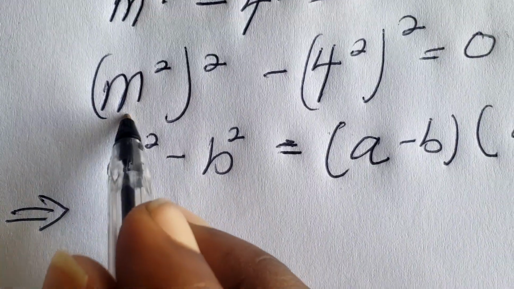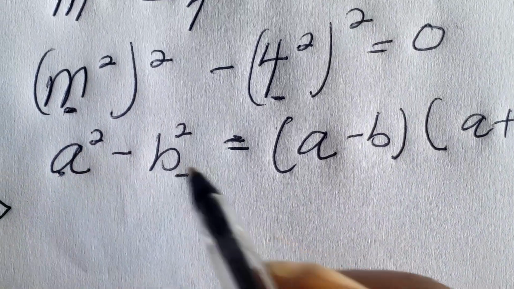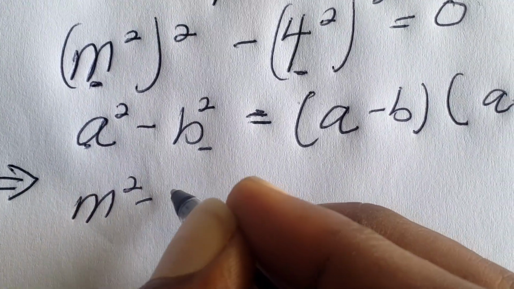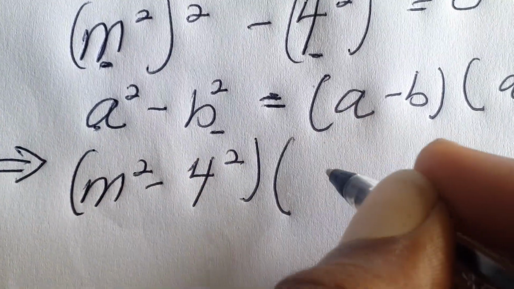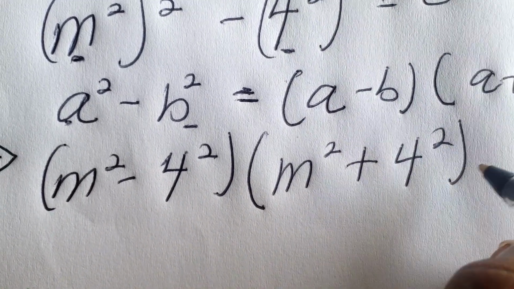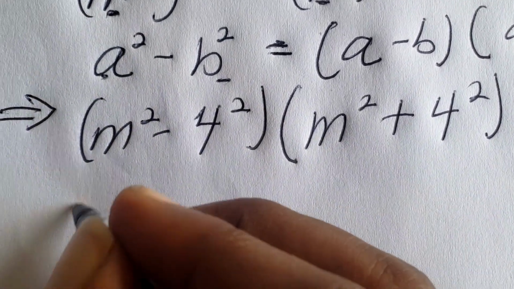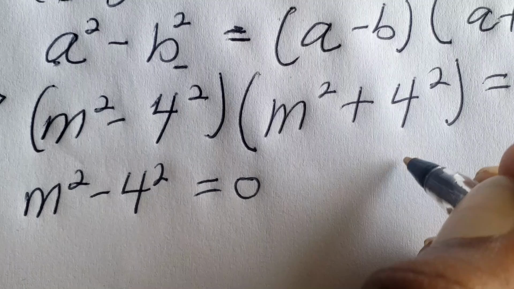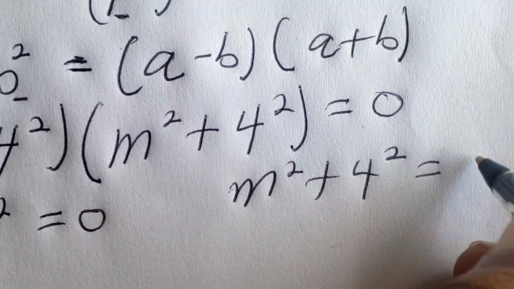So from here, m squared is our a and 4 squared is our b. So we are going to get (m squared minus 4 squared) and then (m squared plus 4 squared) is equal to 0. From here we say that m squared minus 4 squared is equal to 0, and then m squared plus 4 squared is equal to 0.